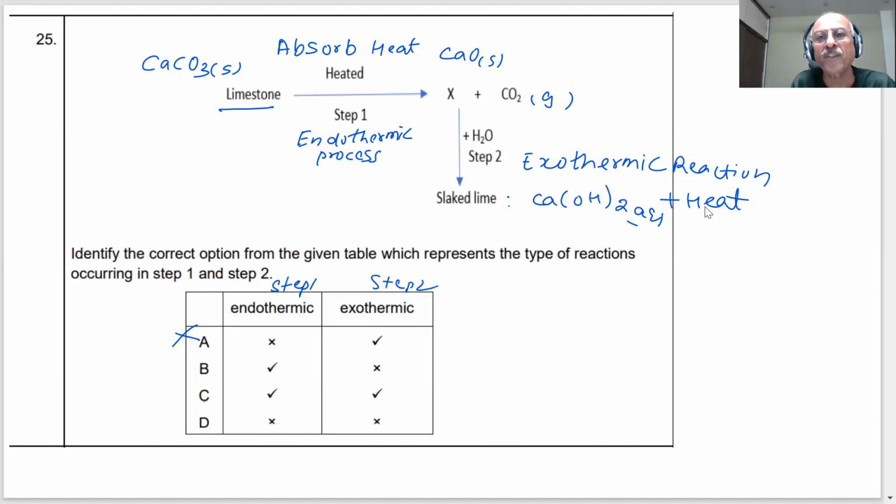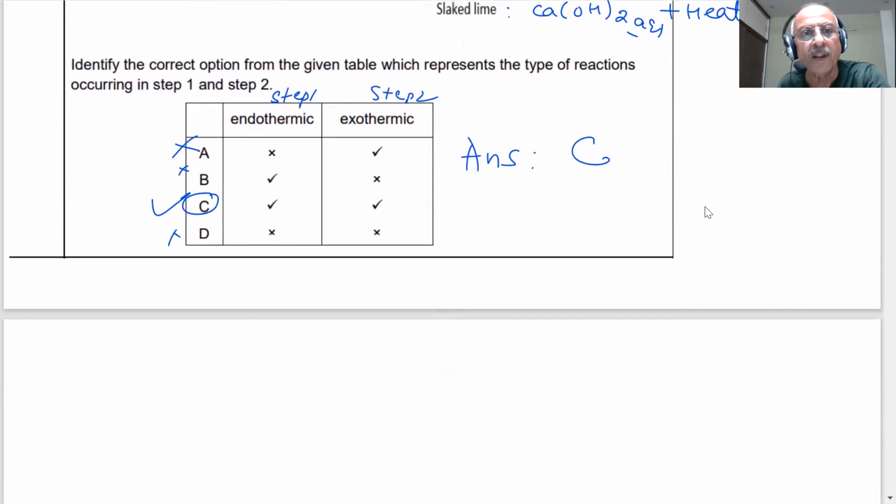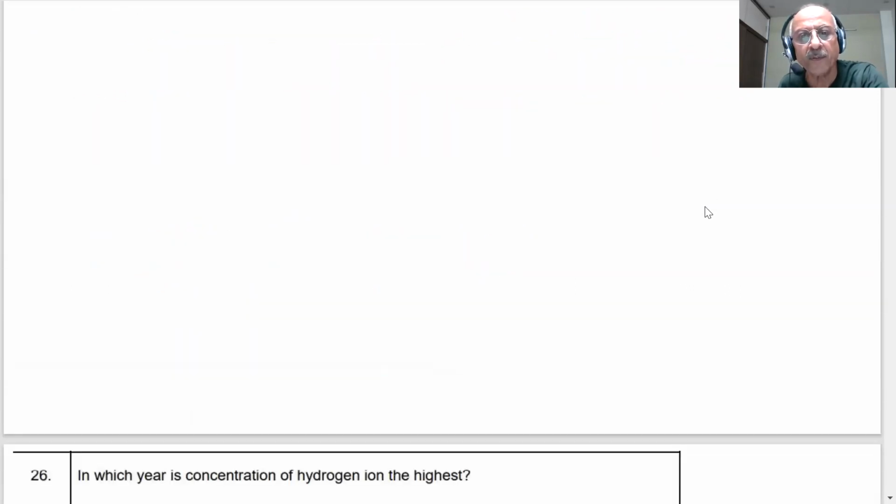As you can see, step 2 is exothermic and step 1 is endothermic. Next, C says step 1 is endothermic and step 2 is exothermic. Yes, that is the correct answer. And D, both, is also not correct. Therefore, the answer of the 25th question is C, students. Let us go to the next question, students.